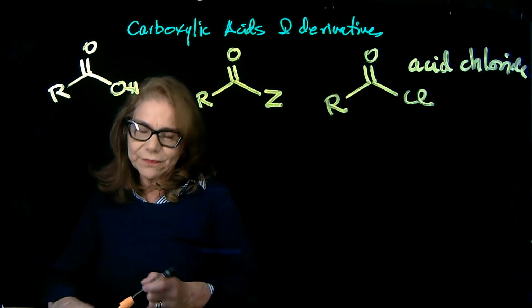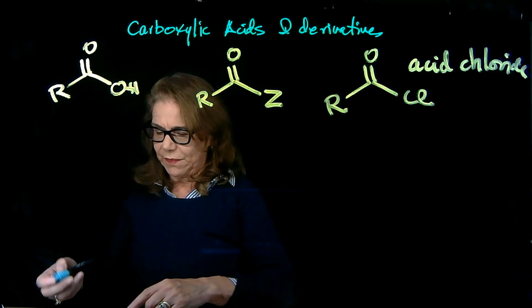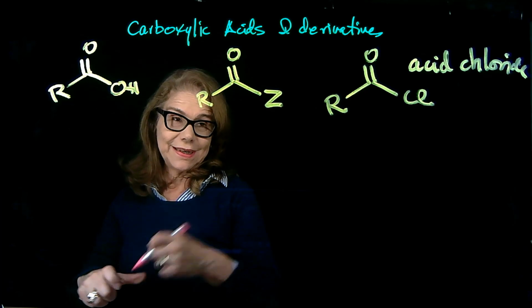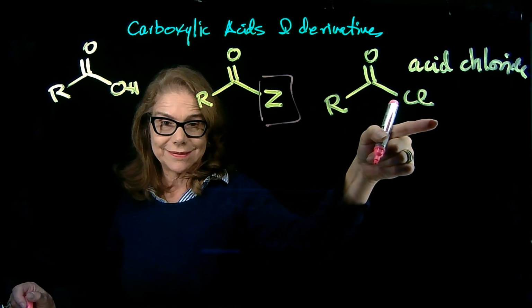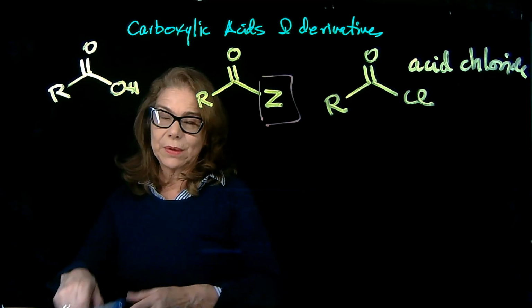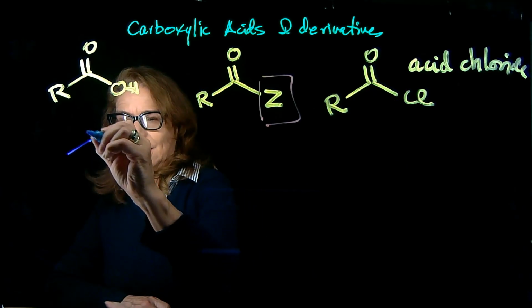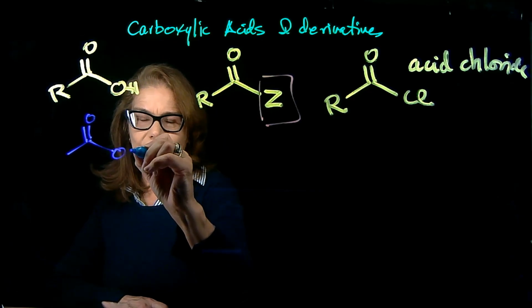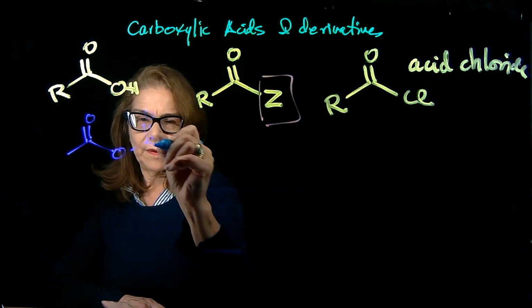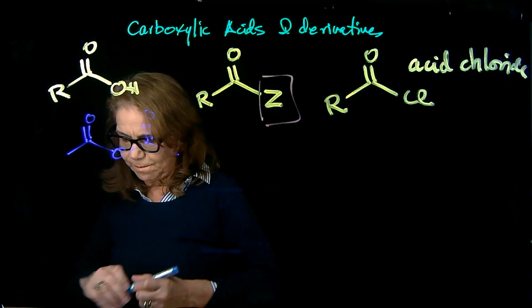Now, for another derivative of carboxylic acid, I'm going to replace the Z, which I replaced with a halide before, another way. I'm going to replace that Z and put this here.